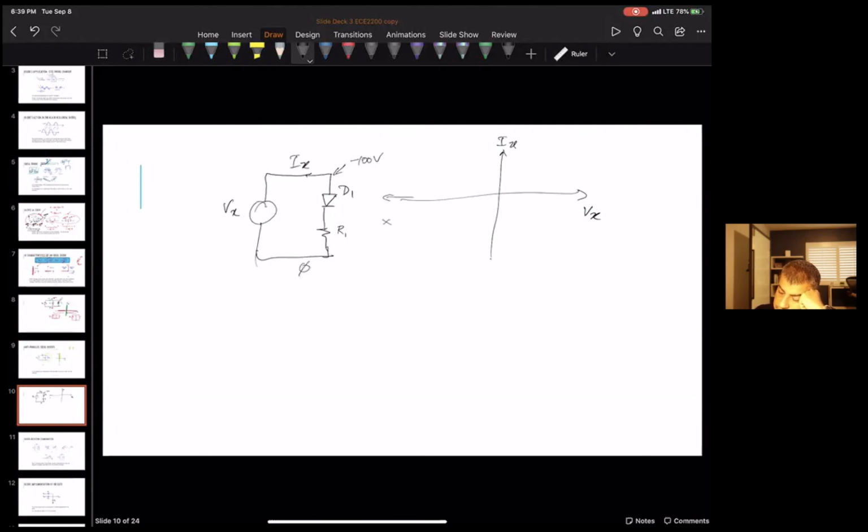This diode, D1, this side ends up being lower than this side, meaning that it's open. So it'll look like this.